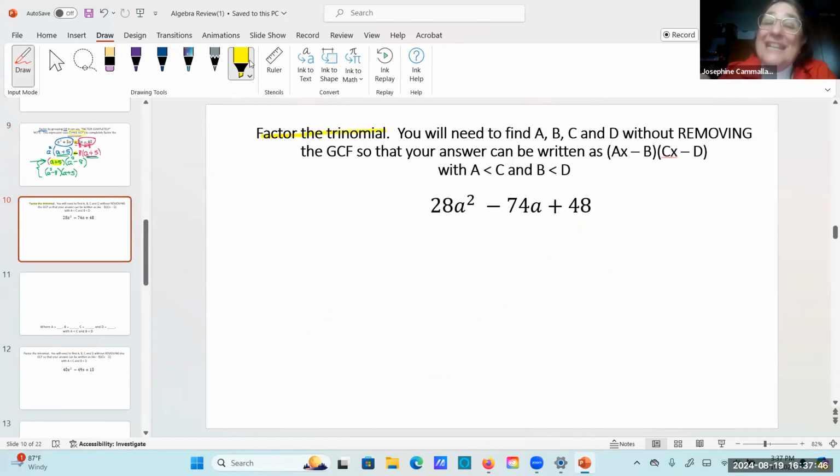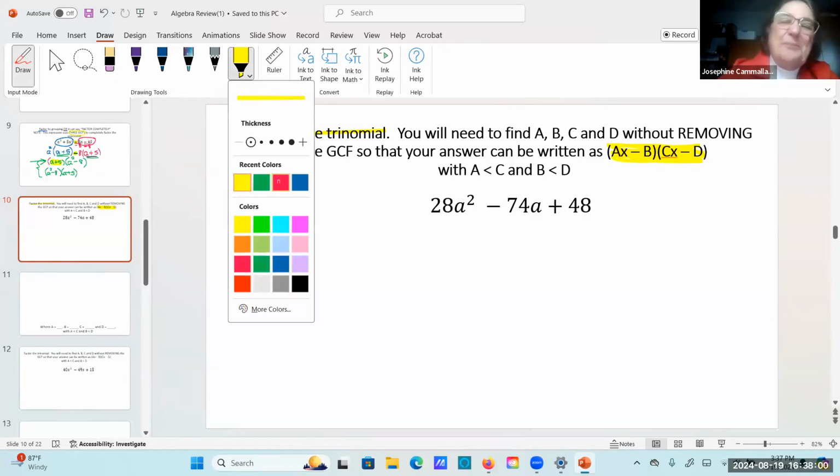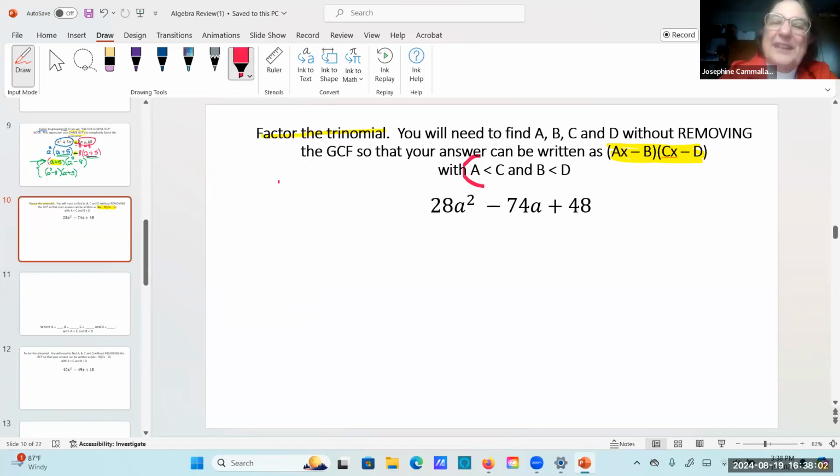Now, some of you are going to factor it perfectly. You're going to get 2 factors that work. But here's the little catch. This is what makes the difference.